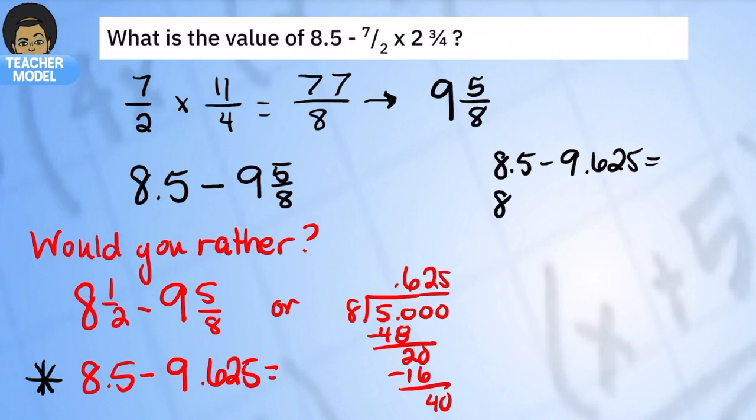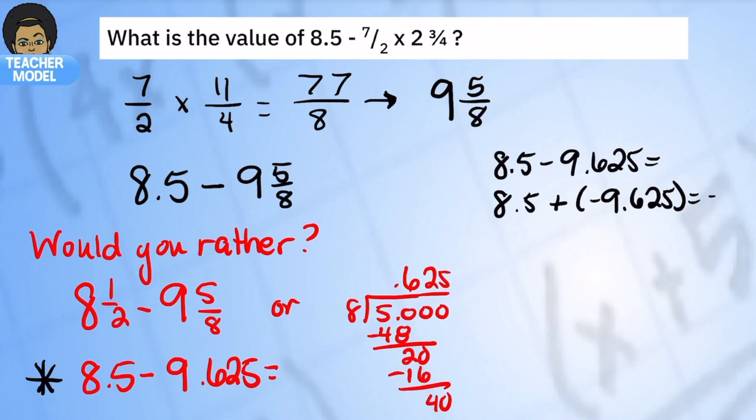I'm going to rewrite this as an addition sentence, so using additive inverse. And I'm adding a positive and a negative. I'm going to have to subtract because there's going to be a zero pair, and just looking at it, I know I'm going to have more negative. So I know my answer is going to be negative, because 9 625 thousandths has a greater absolute value than 8 5/10.